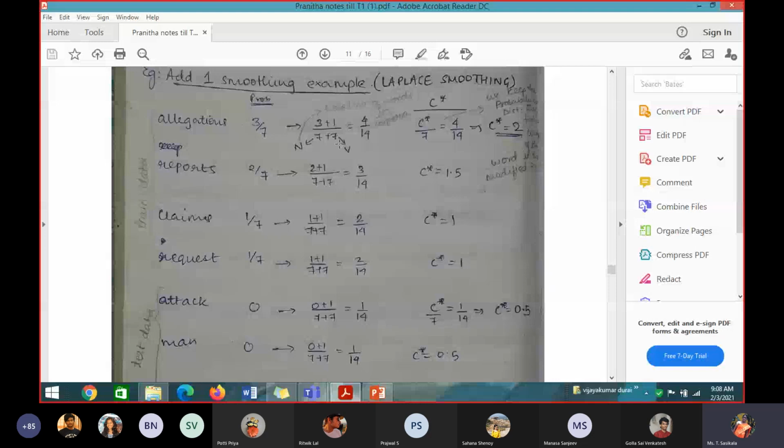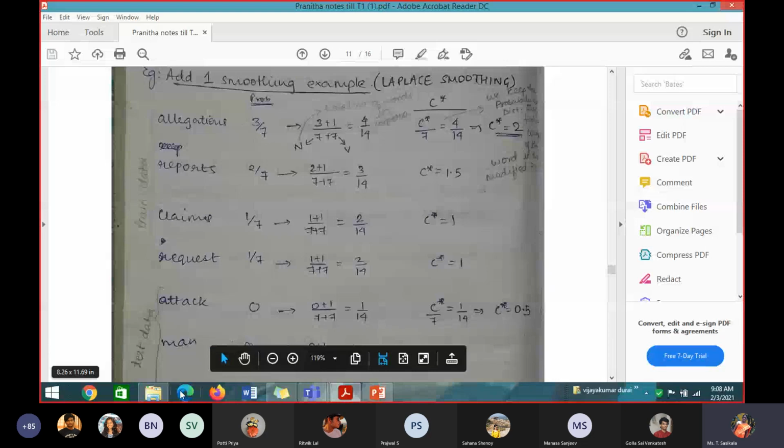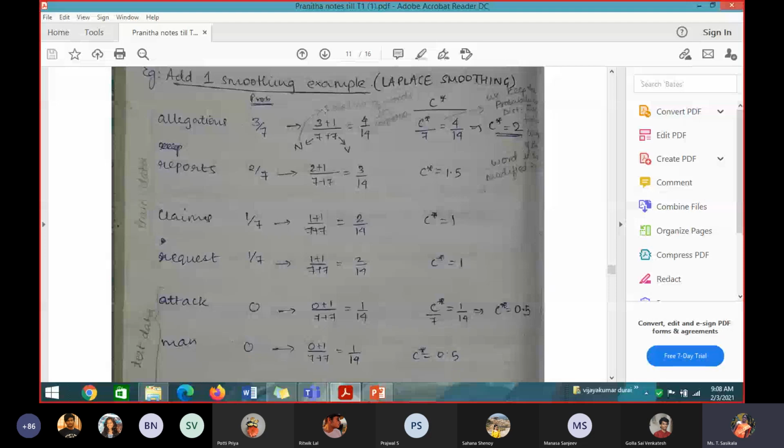How many words do we have in total? 7: denied the allegation, denied the report, denied the claim, denied the request, denied the attack, denied the man, denied the outcome. So "denied the" appears 7 times, C of wi minus 1. Can you calculate for report? What C star are we getting?